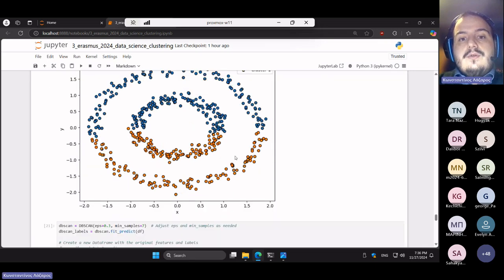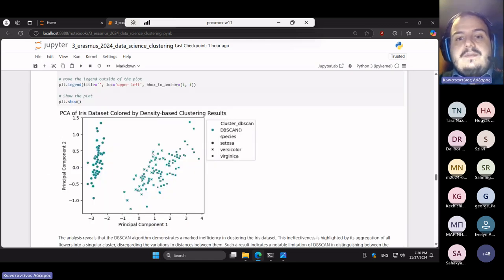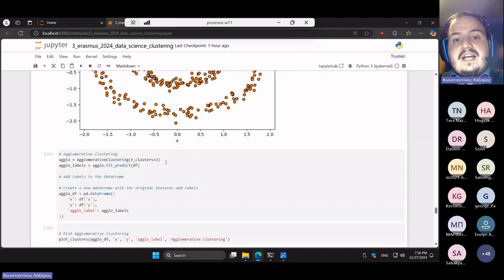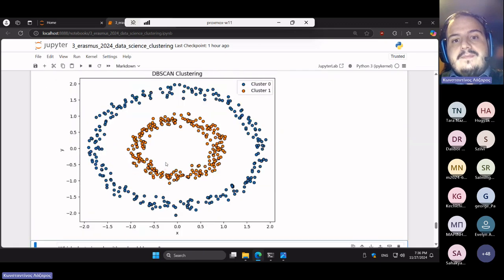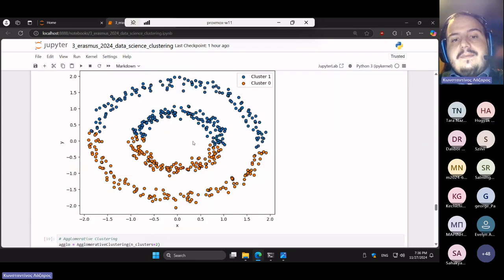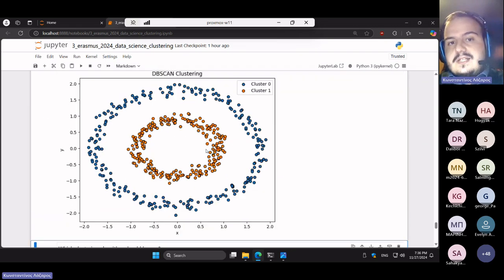The reason why I'm showcasing this is because back here we saw that DBSCAN did a horrendous job on Iris, which is a fairly simple data set with some linear patterns within it. However, DBSCAN, the same exact algorithm, actually performed really well. It actually managed to outshine hierarchical clustering and k-means on this complex nonlinear data set.